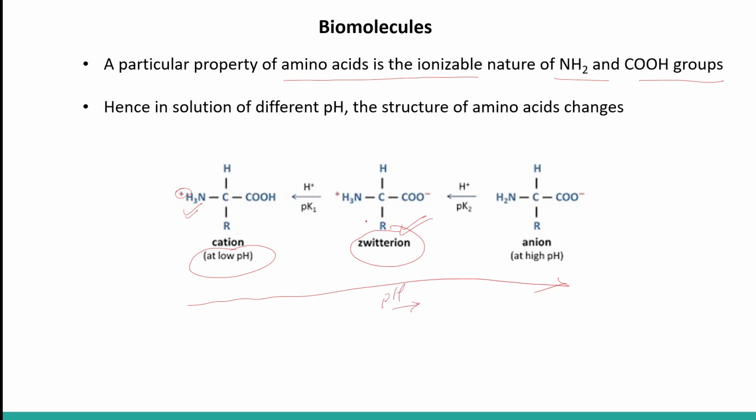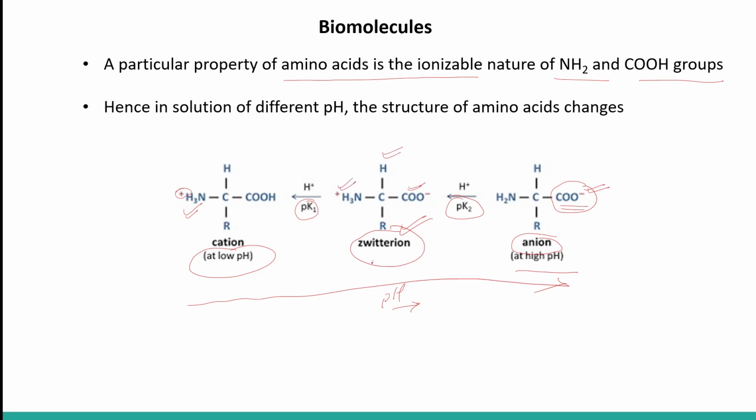When the pH is high, you will have an anion form. Here you can see the COO minus group, that is showing the anion form of the amino acid. But at a balance of the pH, the amino acid has both anion and cation groups.